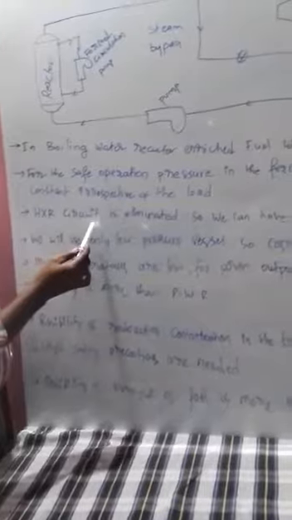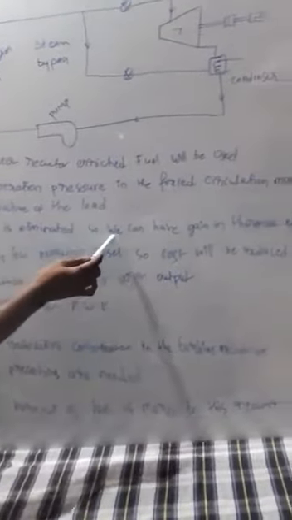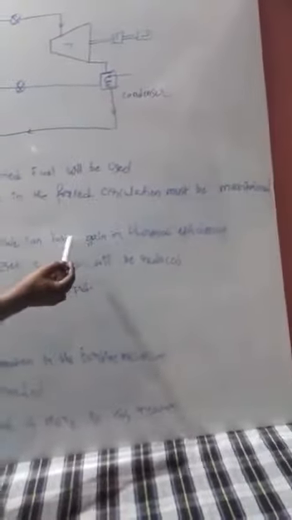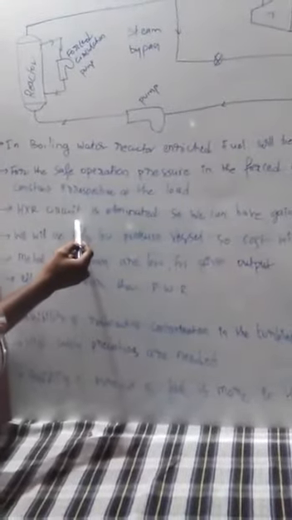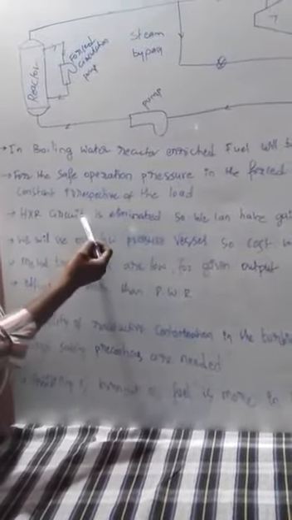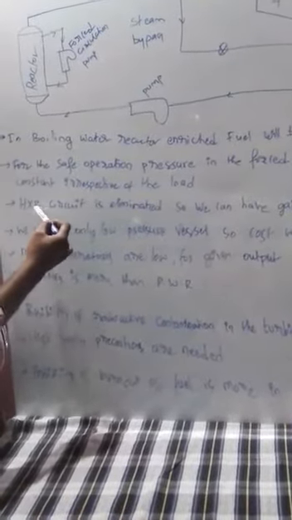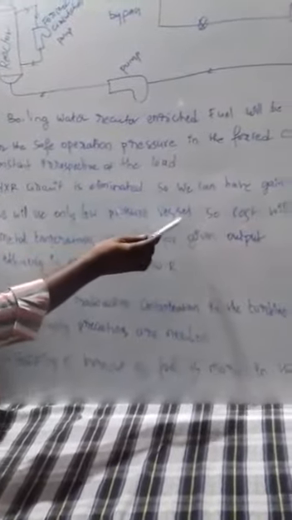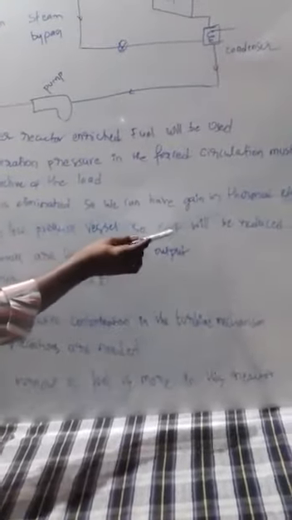The heat exchanger circuit is eliminated, so we can have a gain in thermal efficiency, because if a heat exchanger circuit is there, there is a certain loss of heat transfer, so that thermal efficiency will be reduced. As there is no heat exchanger circuit, we can have an increment in thermal efficiency. And next, we will use only a low pressure vessel, so that cost will be reduced.